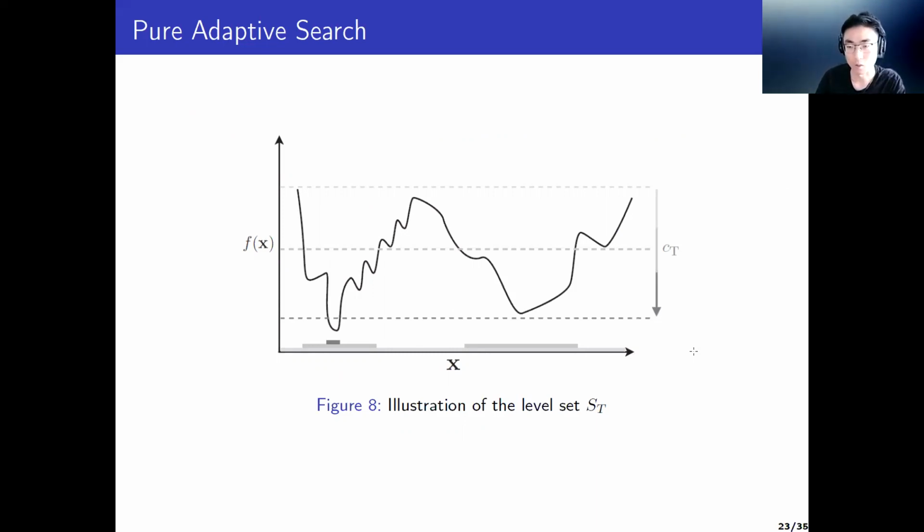The major obstacle preventing the application of the pure adaptive search is the fact that it is difficult to find points in the level set. So the problem of finding points in the level set is one of the major objectives of all global optimization strategies. So in general, there is no effective way of generating random points from the improving level set, apart from using pure random search in the first place.